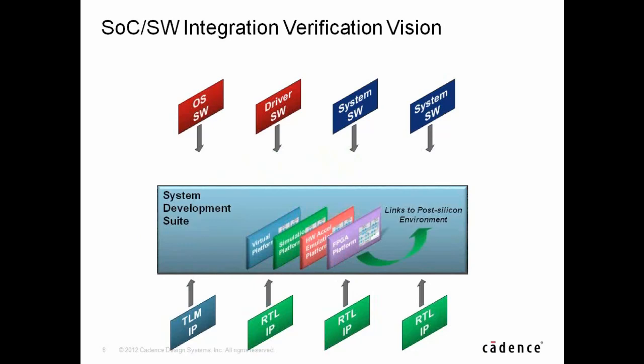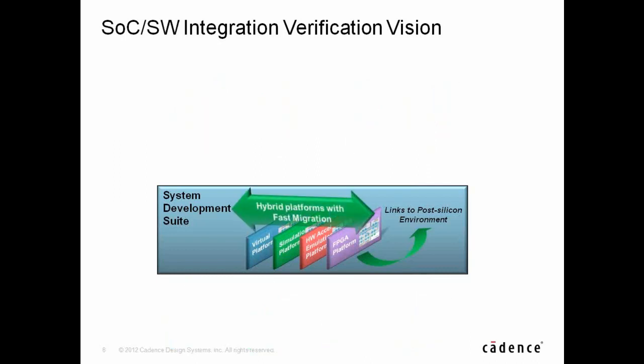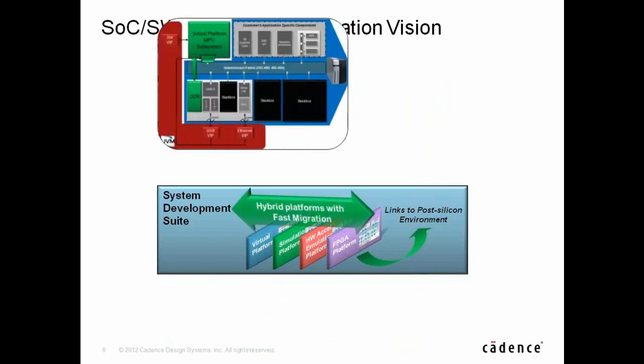Now, this is not going to happen overnight, but we did launch what's called a system development suite, which is the unification of these, about a year ago. What we're seeing is that there are hybrids in between these, where you maybe want some of your design in the virtual platform, some of it in simulation, or some of it in hardware acceleration.